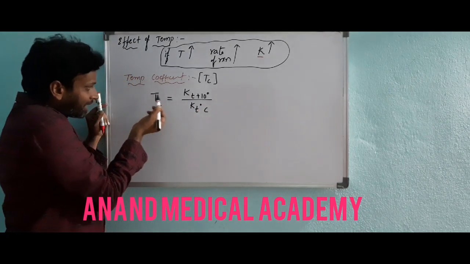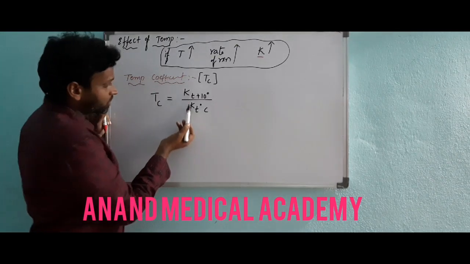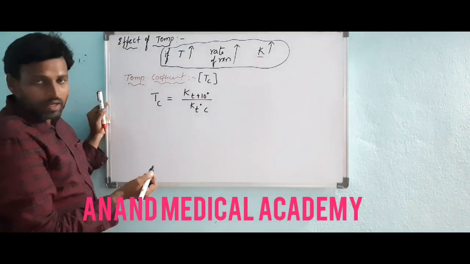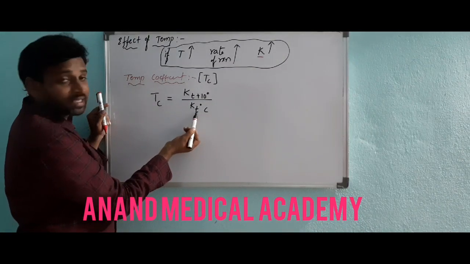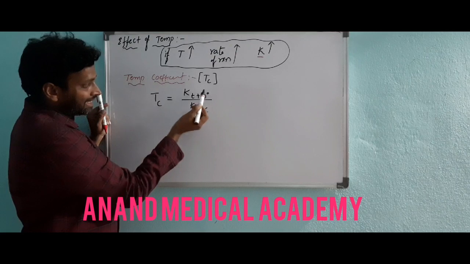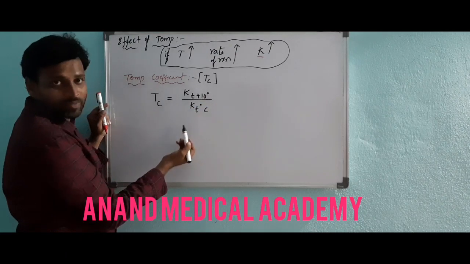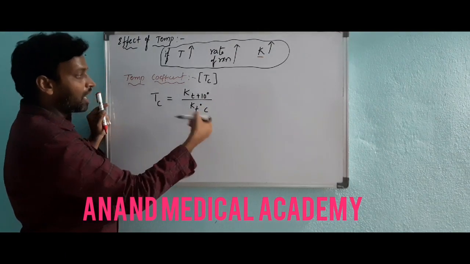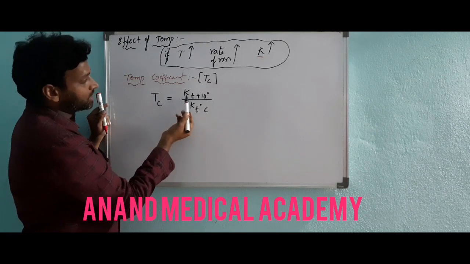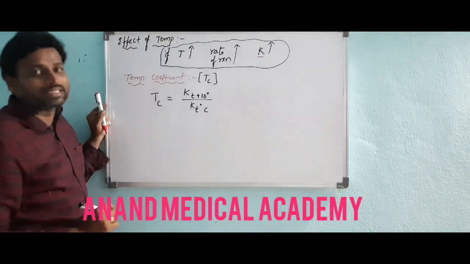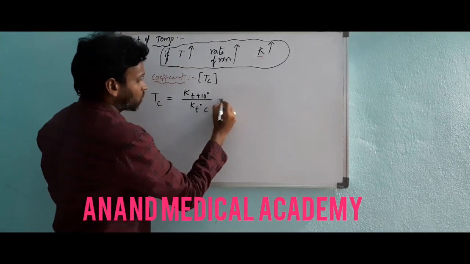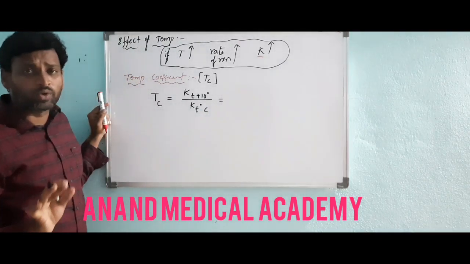So it is the ratio of rate constants or specific rates. This is the final specific rate and this is the initial, because we started at T degrees and it is after 10 degrees extra. So Tc is equal to K(T+10) by K(T) degrees Celsius, which is the temperature coefficient.